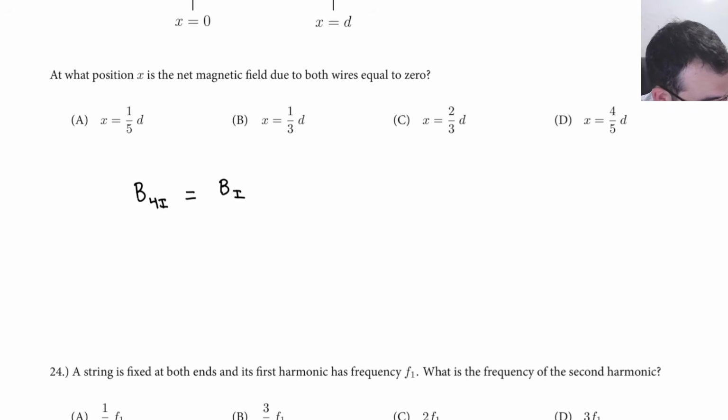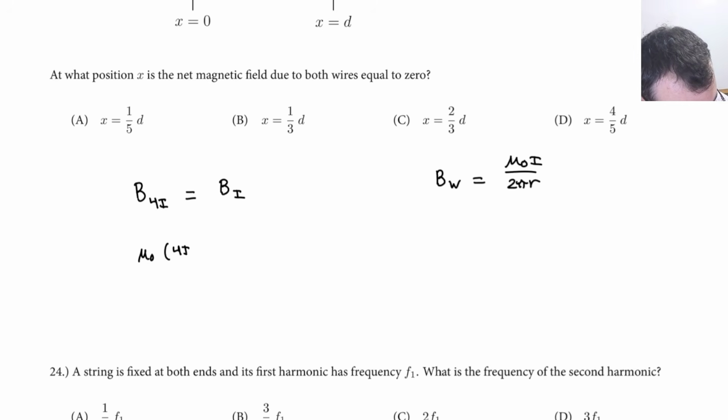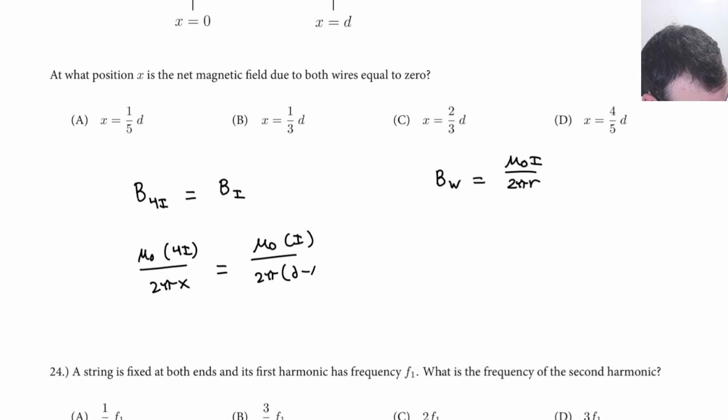B from a wire is mu naught I over 2 pi r. So we get mu naught times 4I over 2 pi x equals mu naught times 1I divided by 2 pi times the quantity d minus x.